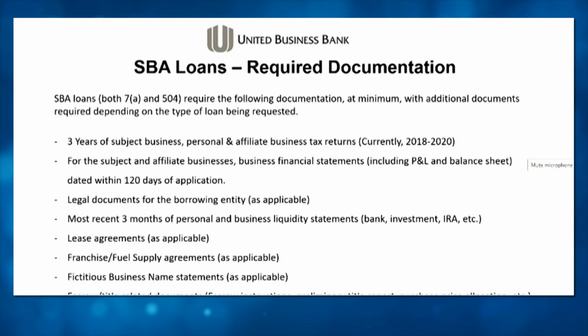But as a lender, the vast majority of the time, unless you have millions and millions of dollars in the bank account, in which case you could potentially not qualify for an SBA loan because you're too well capitalized, providing all of your liquidity statements is going to be more helpful than hurtful to you.